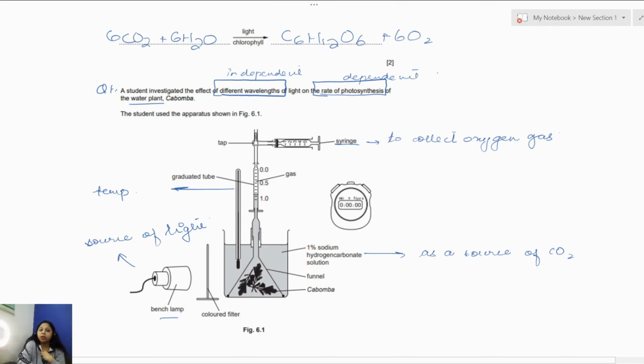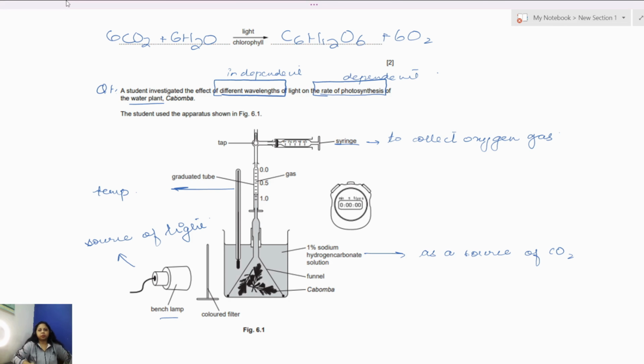What are we investigating? The effect of wavelength, so this would be the independent variable. Not the lamp, but the type of light we are using. The next question is related to the lamp. The dependent variable would definitely be the number of oxygen bubbles produced.